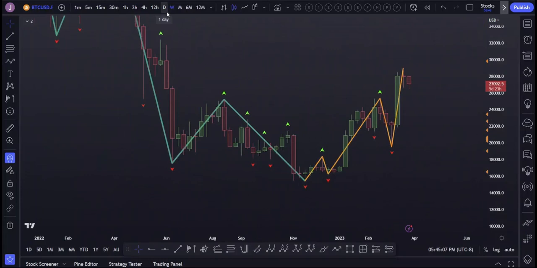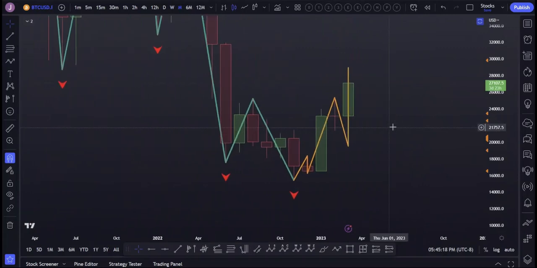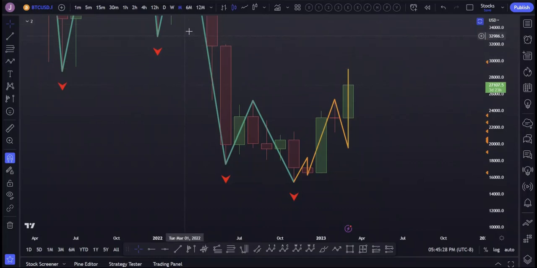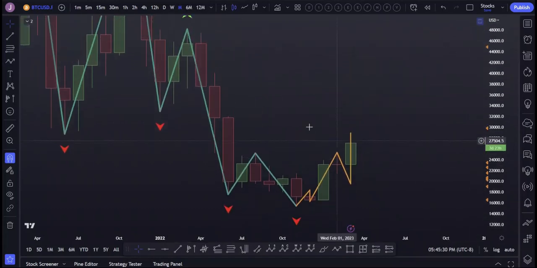Now if we look at the daily, let's zoom in now, because we know that we have an established downtrend on the monthly time frame, and pretty soon when the month closes, the monthly candle, we may have a change in structure and a change in the trend, telling us that when price comes back down, we're expecting a higher low, and then we're going to be looking for a higher high, which we can see where the next high is for the monthly, which is way up here at this 48k level.